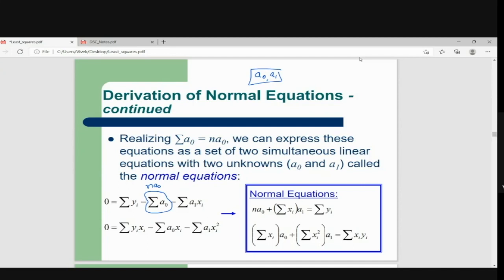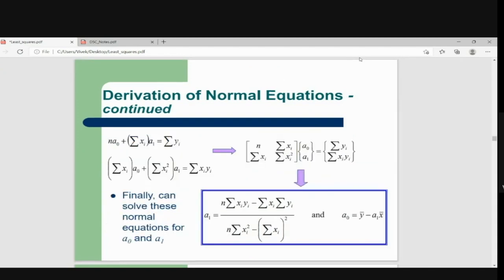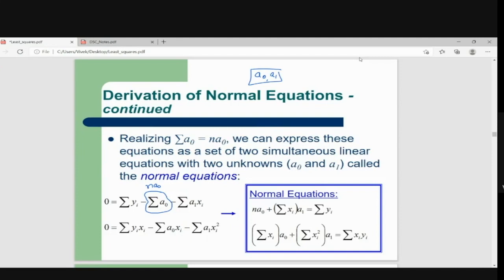Okay, so if I put this in the matrix form, then you will see this value like this one. So once I get this, these two equations are called the normal equations.